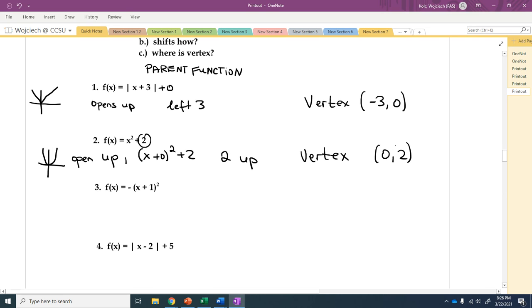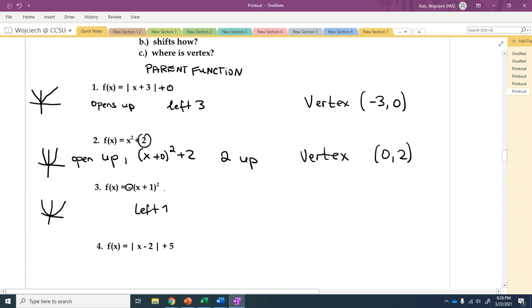Again, vertex is the most important point on a parabola or absolute value function. Question 3 gets interesting because of this negative. The parent function, again, is y equals x squared. And here we have x plus 1. So this means left 1. Now, do I move up or down?